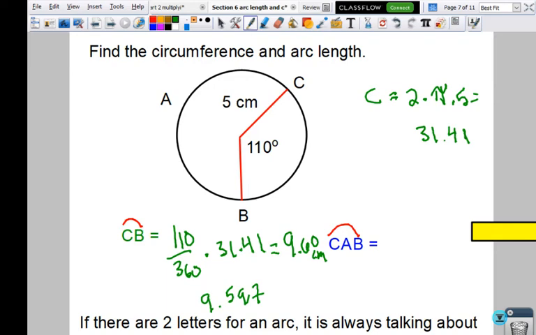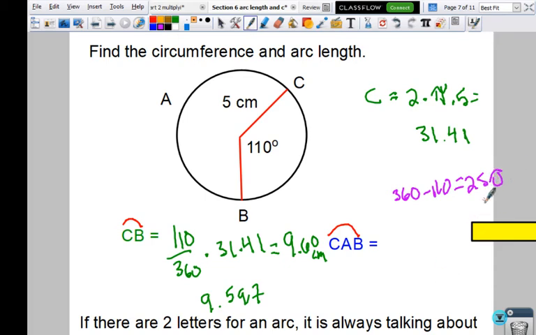Okay, so we can also find arc CAB, but do I know what the degrees in arc CAB are yet? No. Well, we can find that by doing what we talked about before. If CB is 110, CAB is going to be 360 minus 110, which is going to be 250.